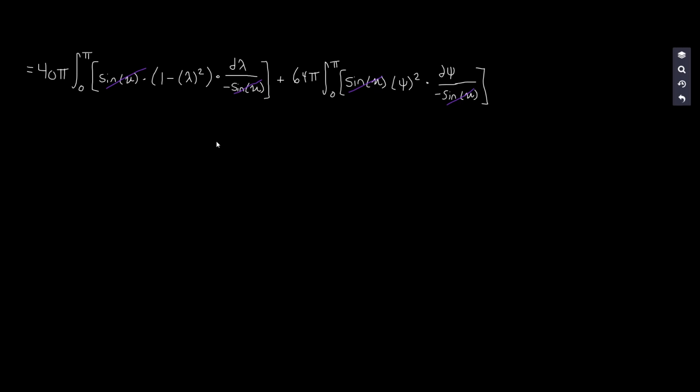So now we're going to rewrite this. It's going to be negative 40 pi times the integral from 0.